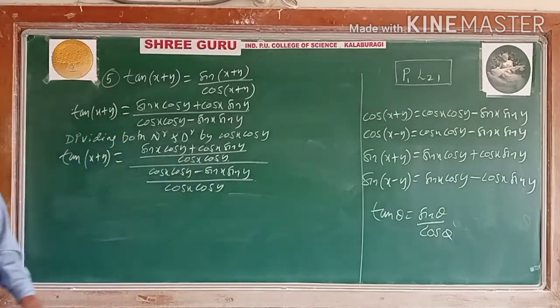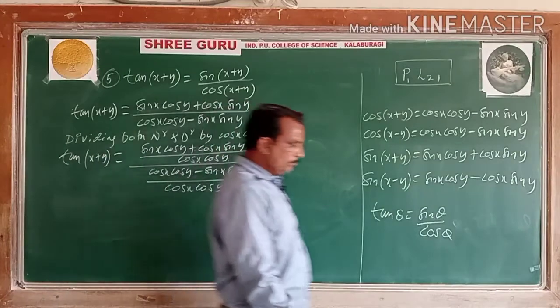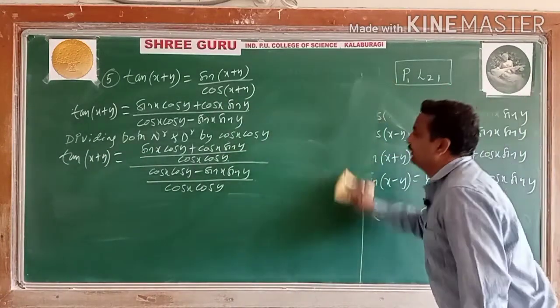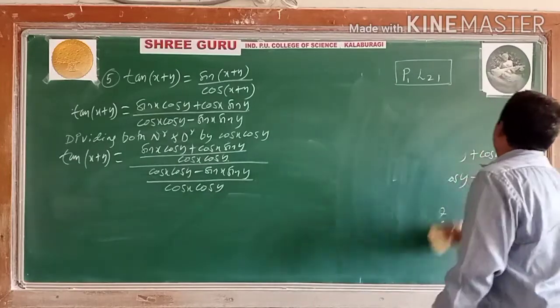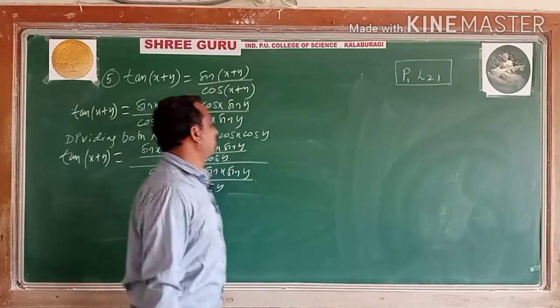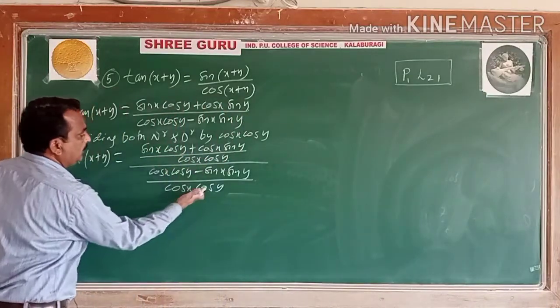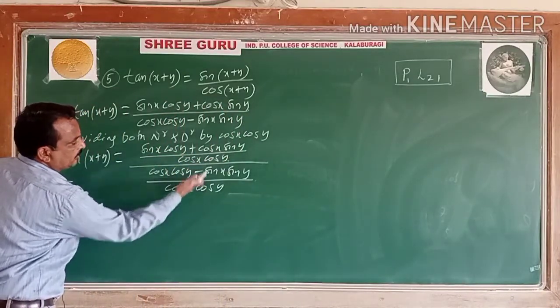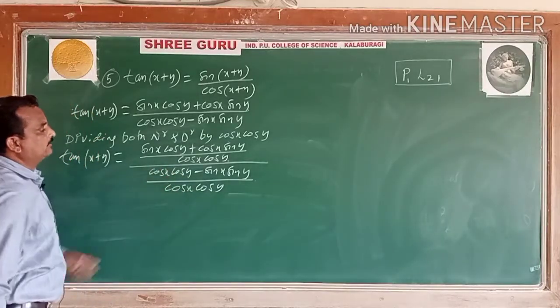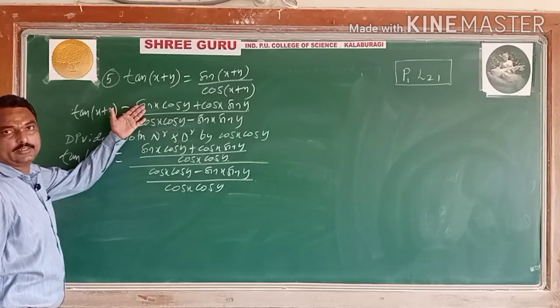See, students, what we have done: both numerator and denominator we have divided by cos x cos y to get the tan of x plus y theorem. If you divide both, the result remains the same.